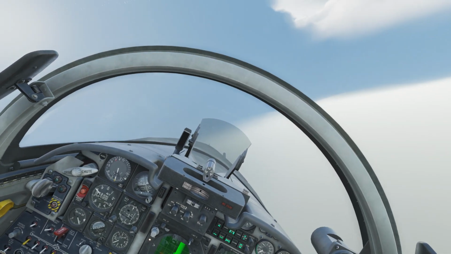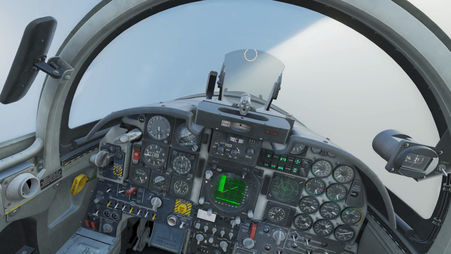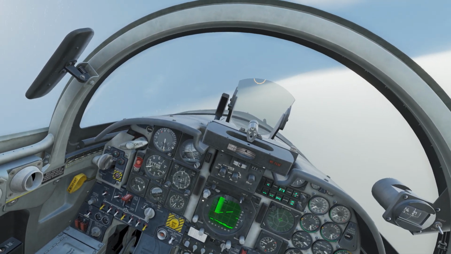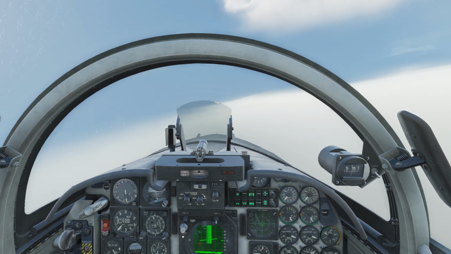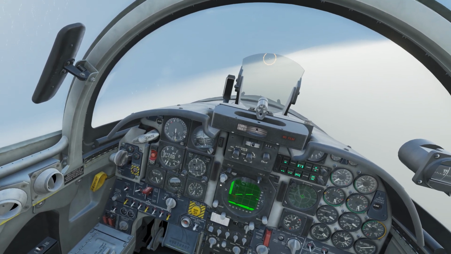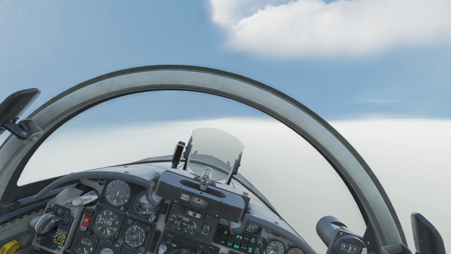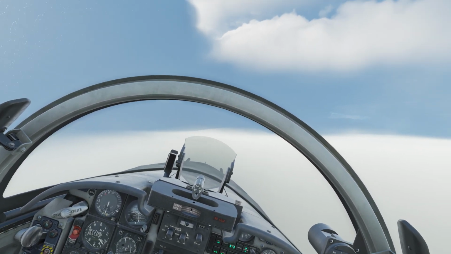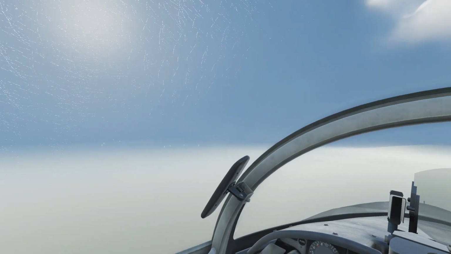Tally some smoke. Batumi town over there. Alright. Runway. Again, 3 miles to Batumi. Make out a little bit of shoreline out over there.